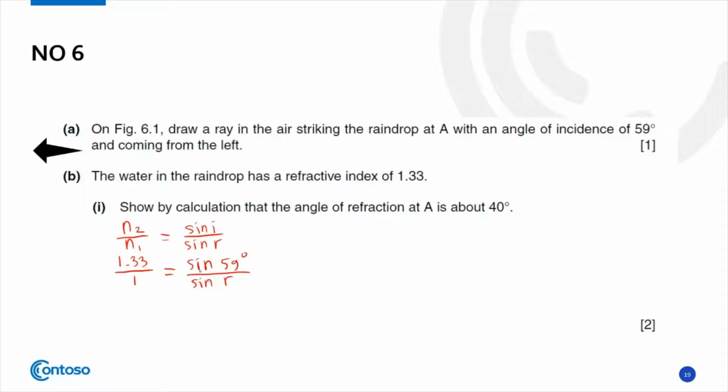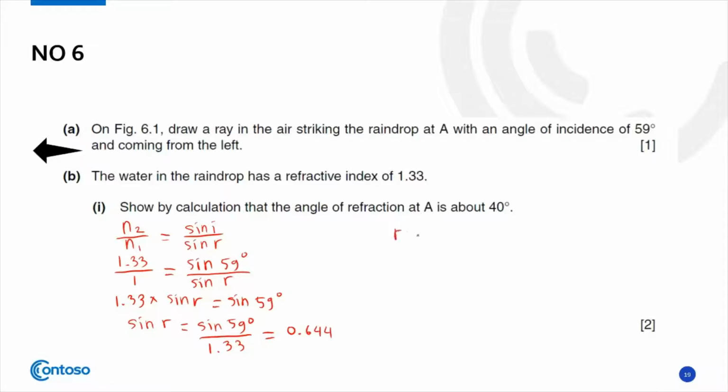Do the cross multiplication. We get 1.33 times sin R equals sin 49 degrees. So sin R equals sin 49 degrees over 1.33, which equals 0.644.